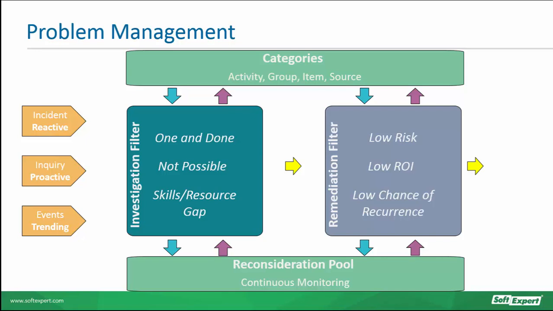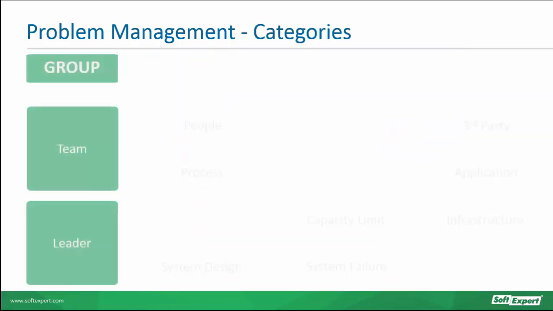And you see, just because you found the why doesn't necessarily mean you have to remediate it, okay? So now here, these are the categories that we find work really, really well. So first we have the group, okay, which are the people in the organization. Next up we have the source, which is, was this a people thing, a process, a tool, technology, or a system design problem? Okay, what do I mean by that?